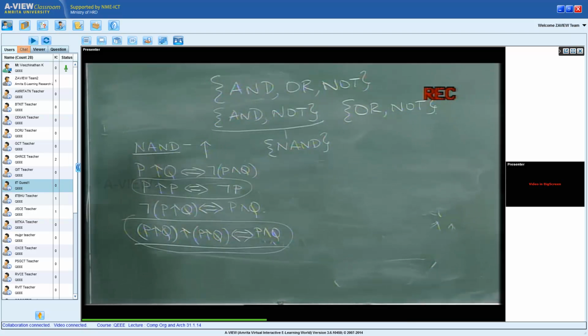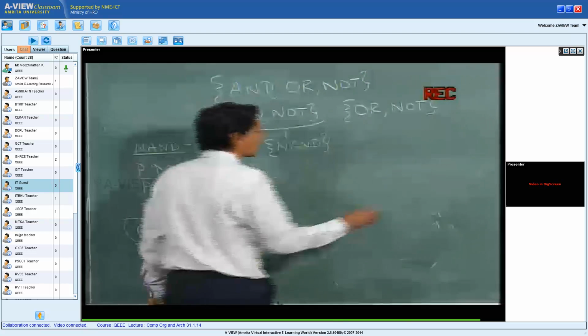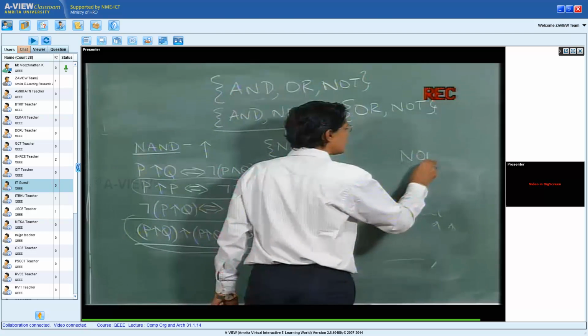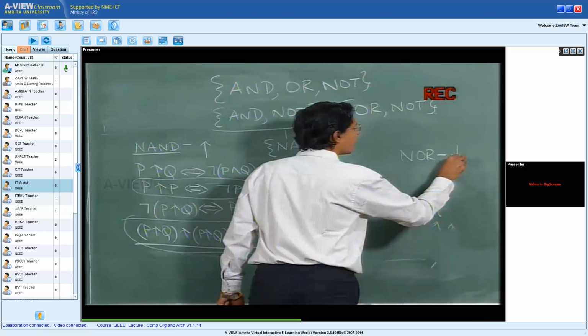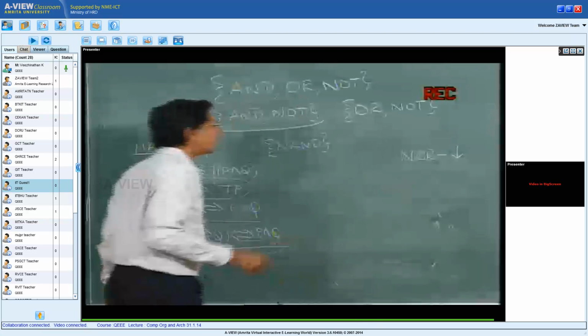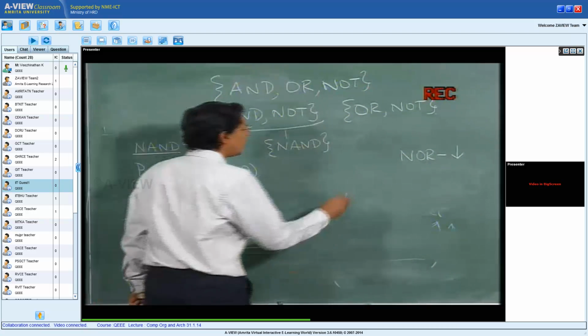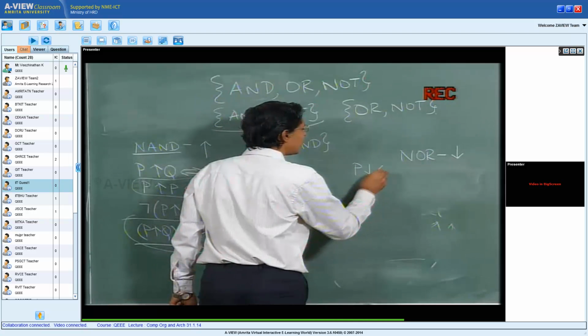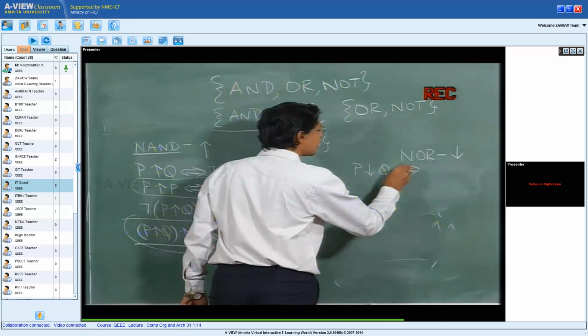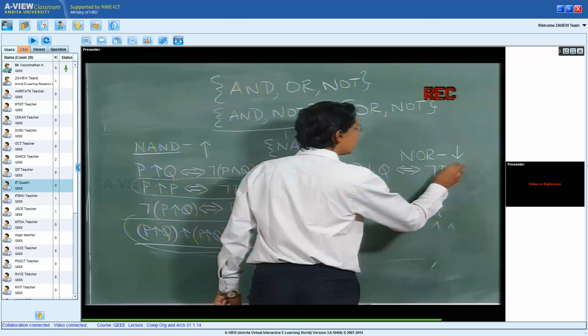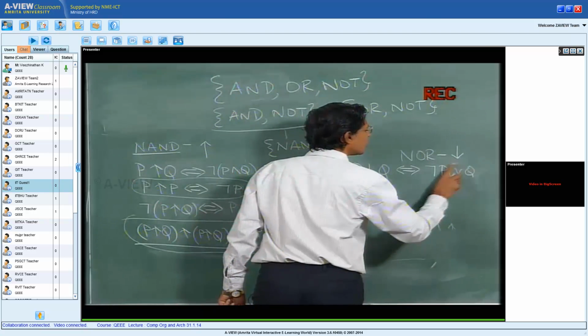Similarly, let us look at another function which is NOR. I represent it by this symbol, a down arrow. P NOR Q is equivalent to NOT of (P or Q).